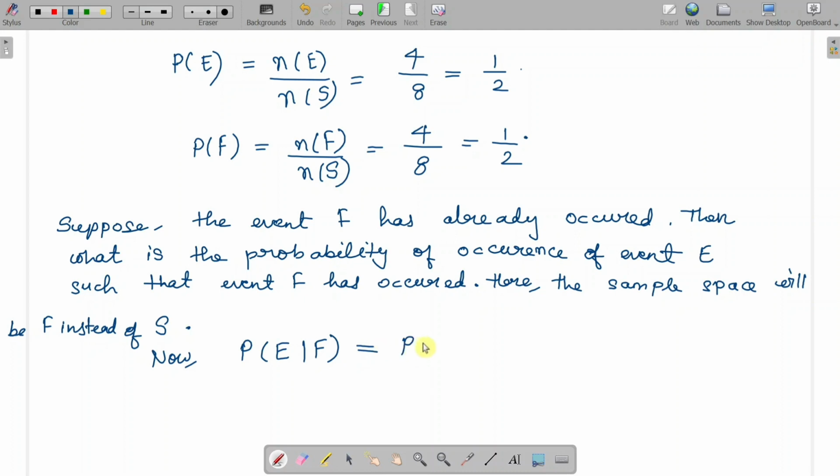It will be probability. So now we have to take the sample points which are common to both E and F, because now our sample space is nothing but F, right?